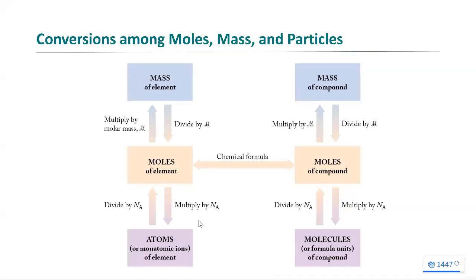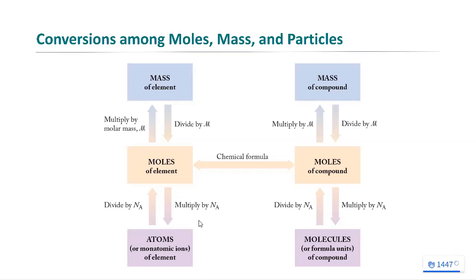And so I'm going to introduce this particular table because in this table, we can do all of those calculations and all of those conversions that we've been talking about for the past 20 minutes or so.